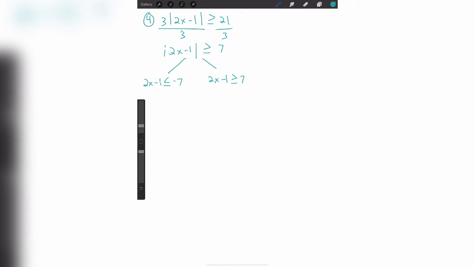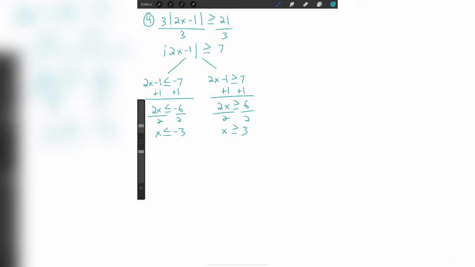So from here, I'm going to add 1 to each side, and I get 2x is less than or equal to negative 6. And I divide each side by 2, and I get x is less than or equal to negative 3. And then on this one, I'm going to add 1 to each side, and I get 2x is greater than or equal to 6. Divide each side by 2, and I get x is greater than or equal to 3.